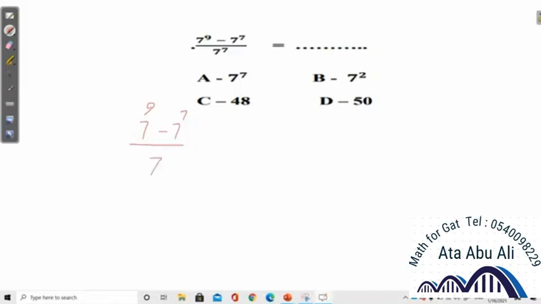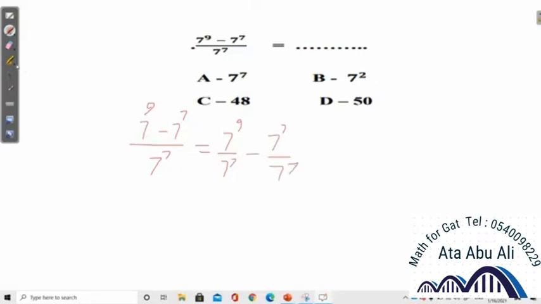I can separate the numerator on the same denominator. It becomes 7 to the power of 9 over 7 to the power of 7 minus 7 to the power of 7 over the same denominator, which is 7 to the power of 7.